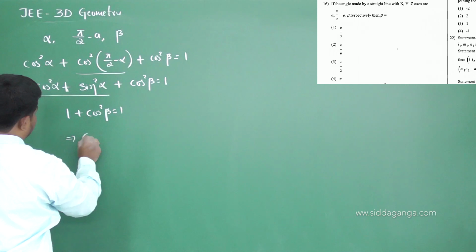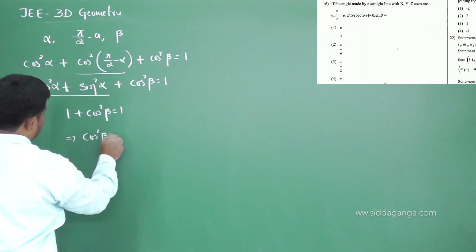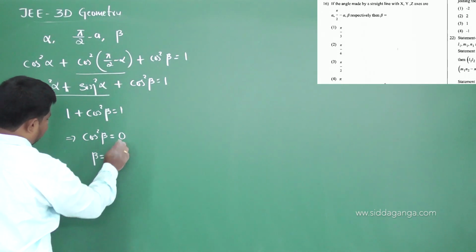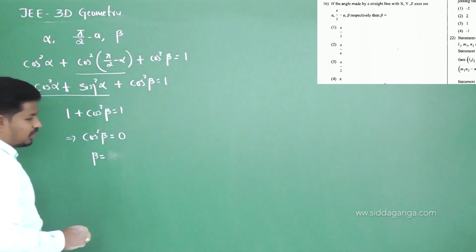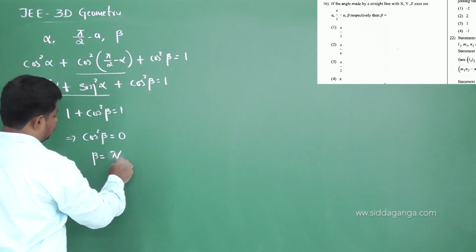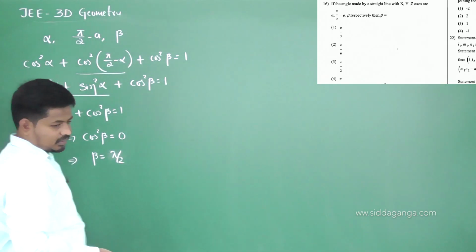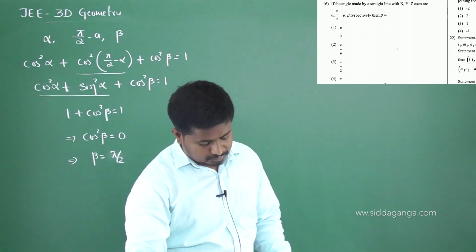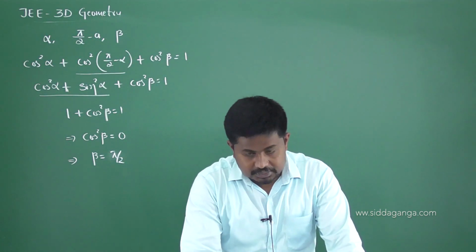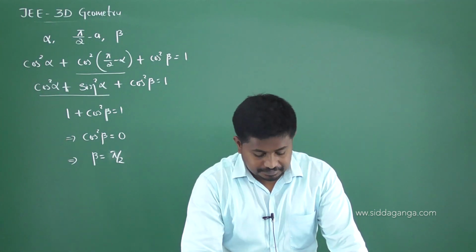So this gives cos square beta is 0. So cos beta is 0, so beta is 90 degrees, that means pi by 2. Yes, pi by 2. So option number 3 is the correct one. Beta is pi by 2.